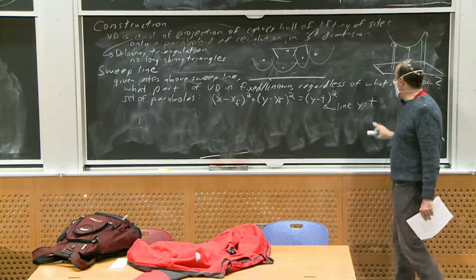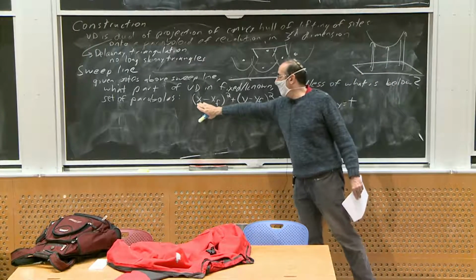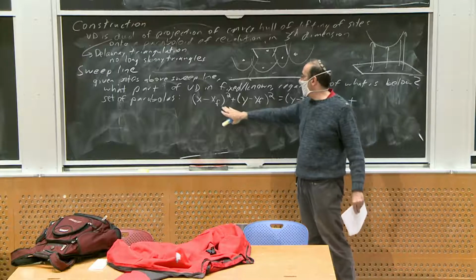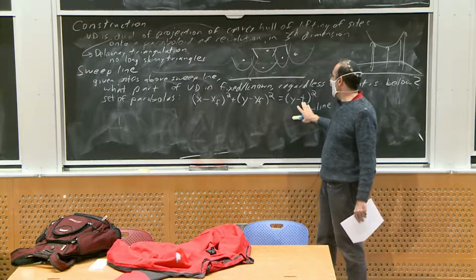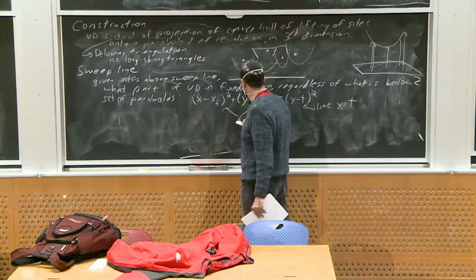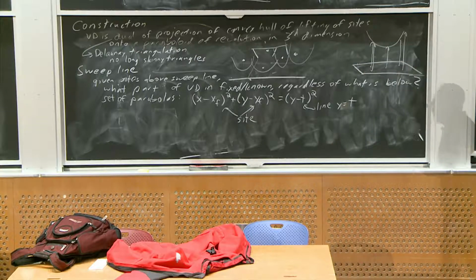And once I fix t, once I fix the line, I get a parabola in y versus x that is determined by the focus, which is the site, and also by the position of the line. Does that make sense?